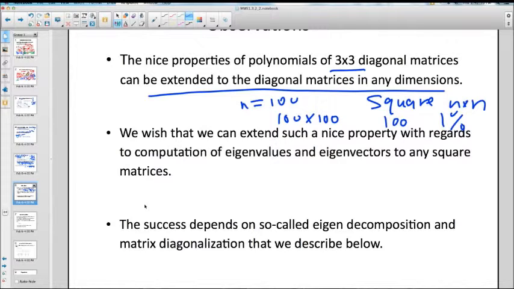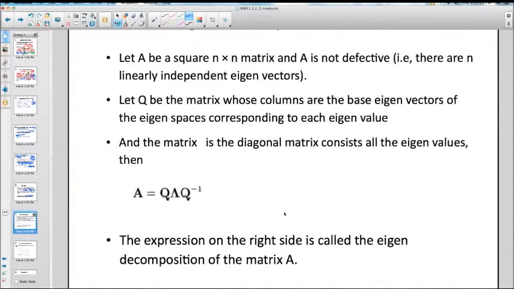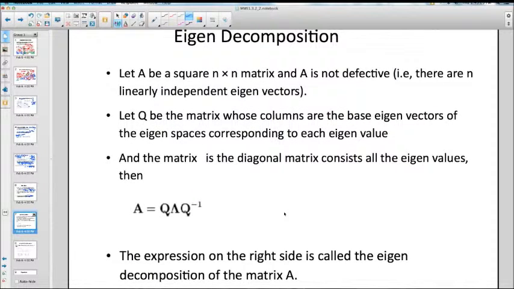So how about if the matrix is not diagonal? Well, we'll make it diagonal. But how? We make it by so-called eigen decomposition. This is the last concept for today. The eigen decomposition, you need to first get the eigenvalues and the eigenvectors. We know how already from the previous hour. So if A is an n by n matrix, and the bottom line is not defective.